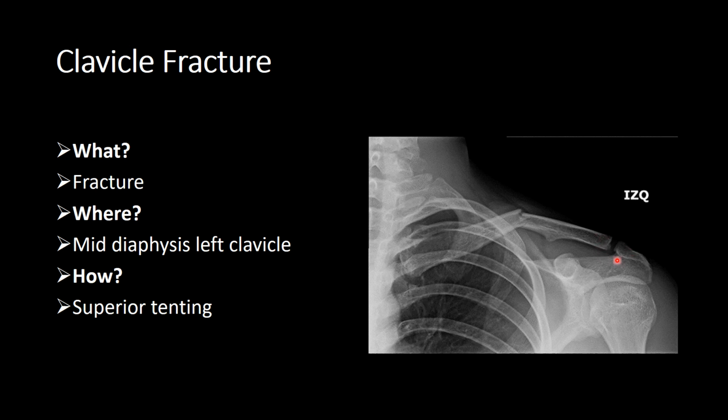We can see that our acromioclavicular joint is preserved, as is the coracoclavicular distance. So, what is it? It's a fracture. Where is it? Mid-diaphysis left clavicle. How? Superior tenting.